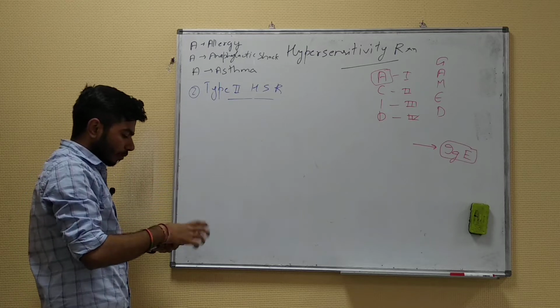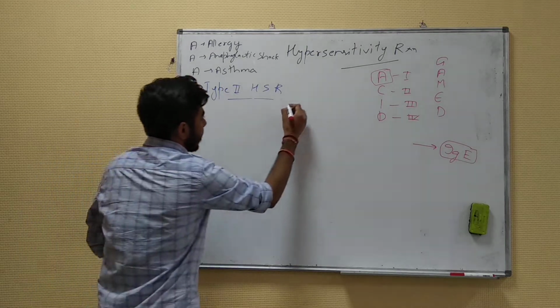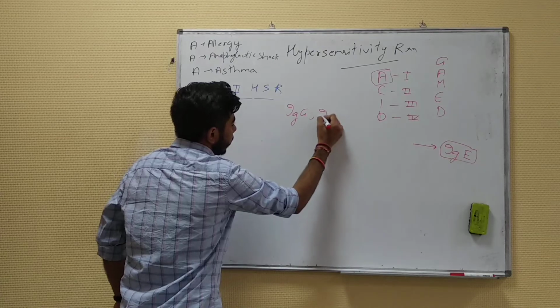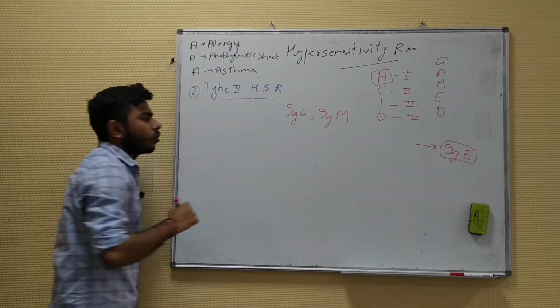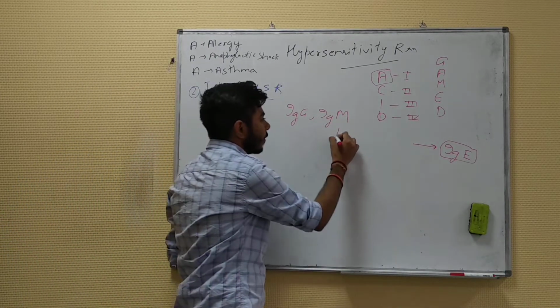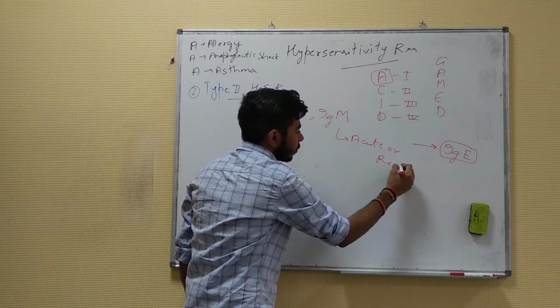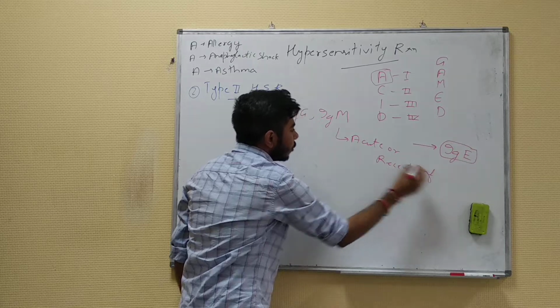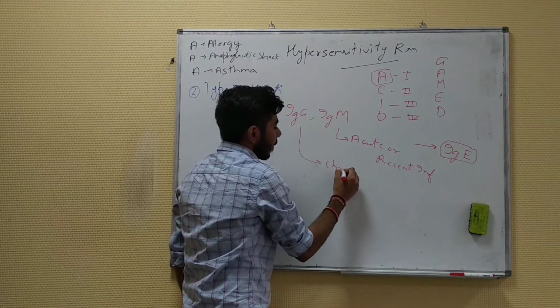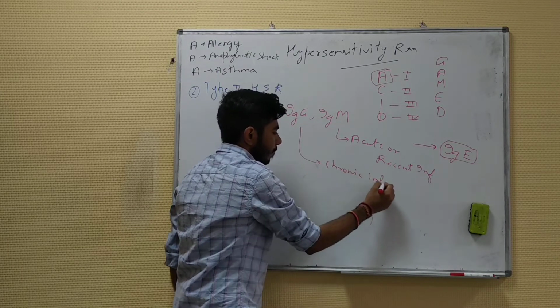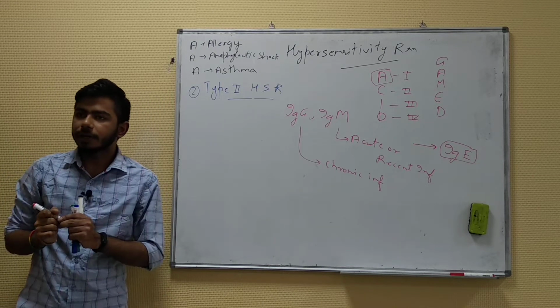Remember that immunoglobulin M is for acute or recent infections. IgG is for chronic infections.